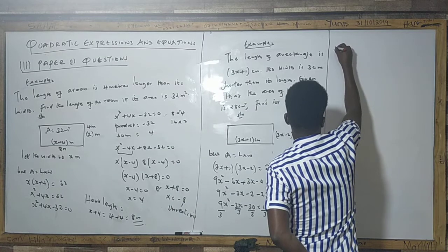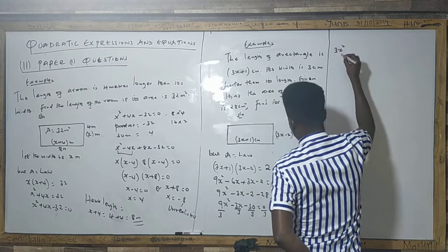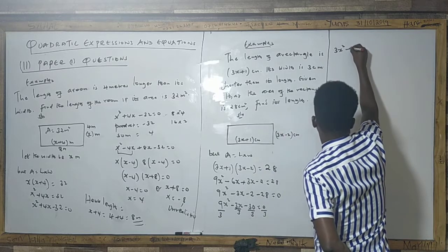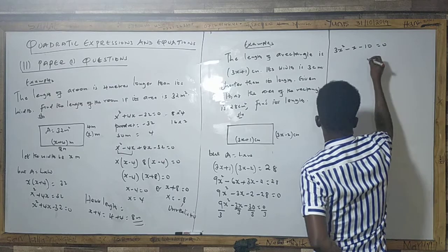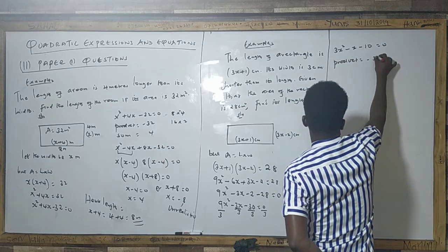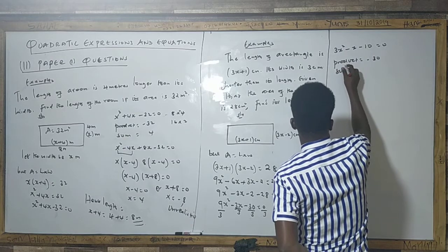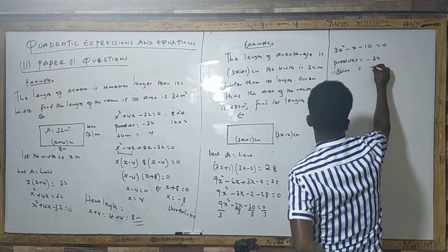We are left with 3x squared minus x minus 10 is equal to 0. So our product is negative 30 and our sum is negative 1.